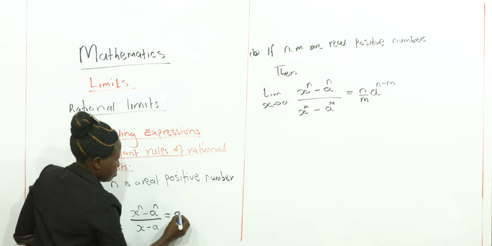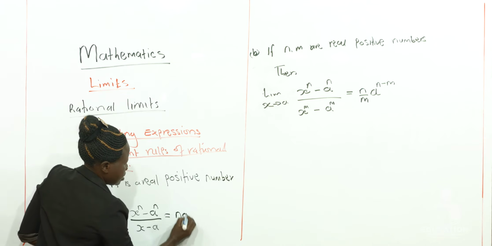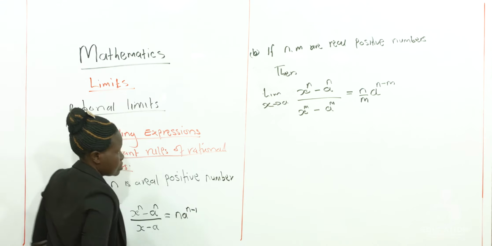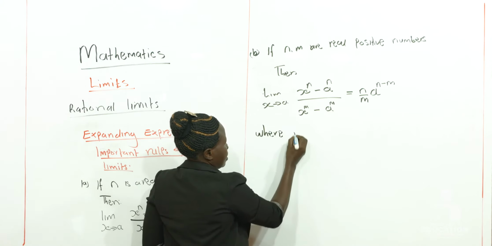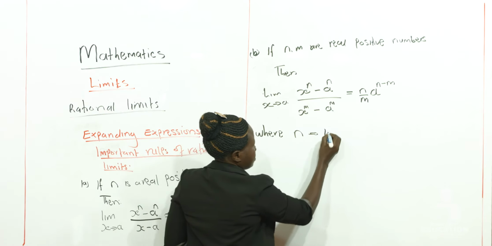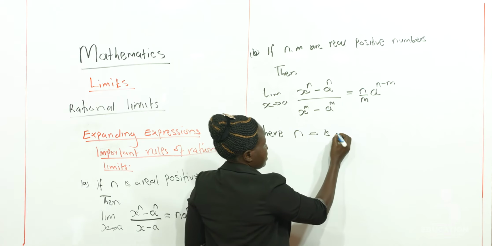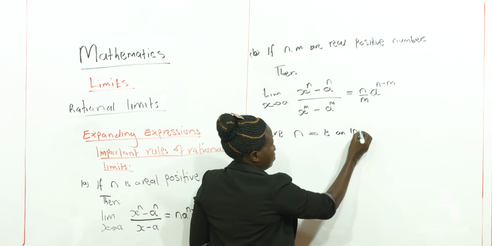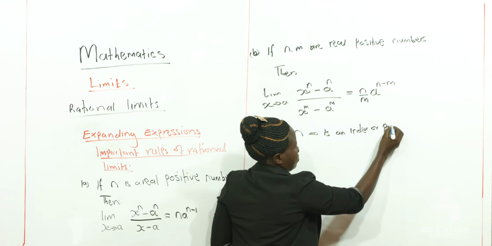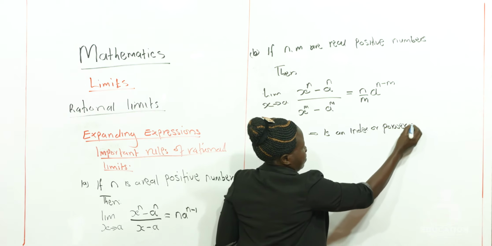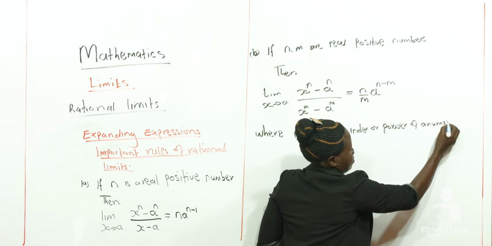Then here we have n a raised to n minus 1, where n is an index or a power of the numerator.